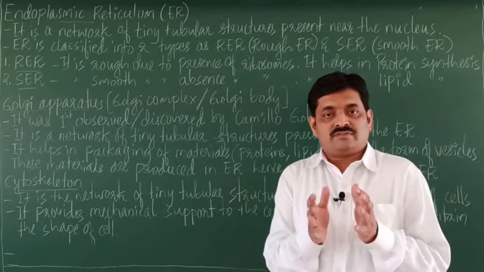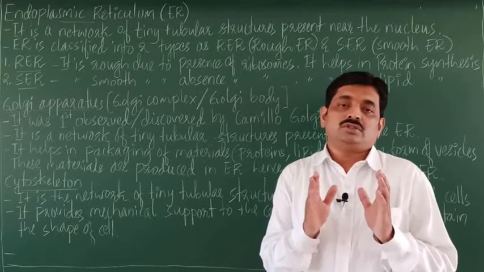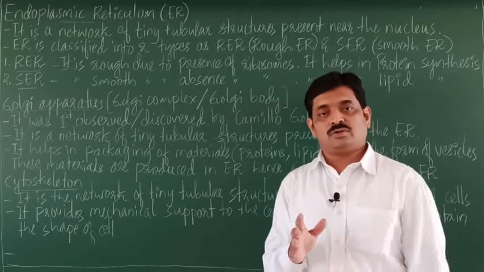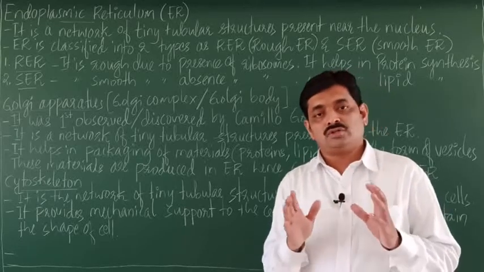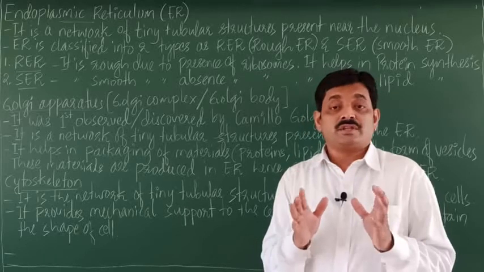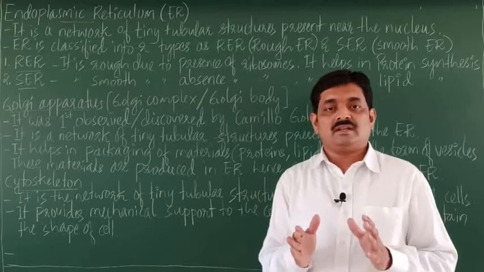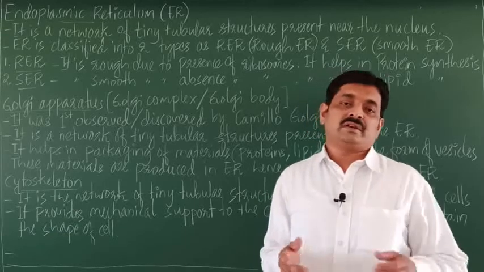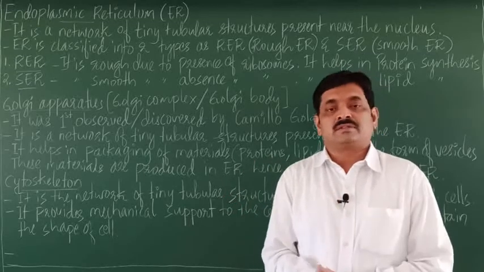A mass or a group of small tubes is called a network. So network means a group of small tubes which is present in the cytoplasm, mainly near the nucleus. So endoplasmic reticulum is found very much close to the nucleus.